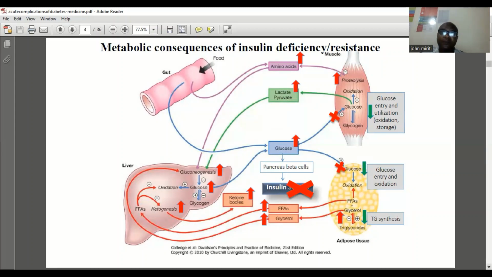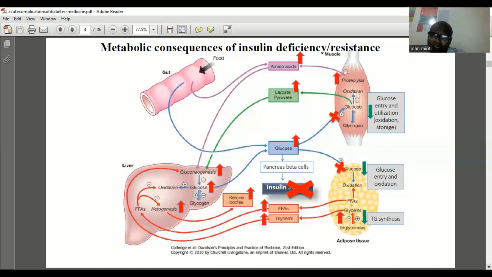So again, when you take glucose, the glucose increases in the blood circulation because there is not enough insulin. Because there is not enough insulin, there is no uptake of glucose by what? By muscles and tissues, for conversion into energy, or to be stored, or for oxidation.